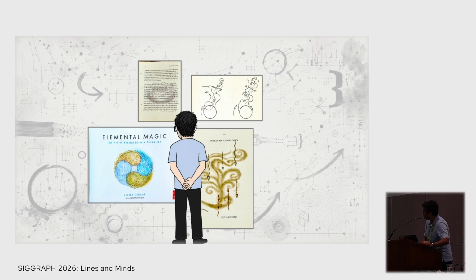And this specific book, Elemental Magic, which is a book very close to my heart, was written by Joseph Gallant. In this book, he talked about how he developed these cognitive tools, in pen and paper, to design hand-drawn stylized animation effects. So that's why whenever we see these hand-drawn effects, they have character, they have style, because they're manually created.